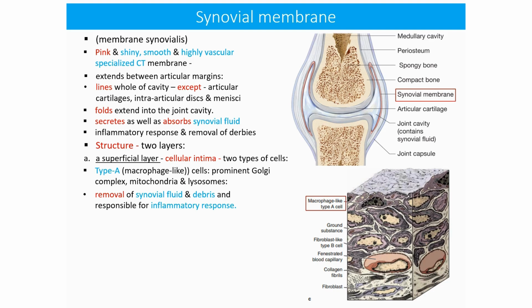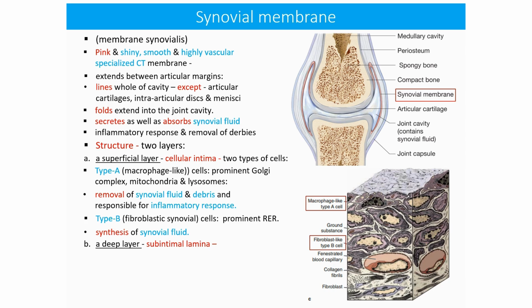They are also responsible for the inflammatory response. Second type of cell is type B or fibroblastic synovial cells having prominent rough endoplasmic reticulum and are responsible for synthesis of synovial fluid.